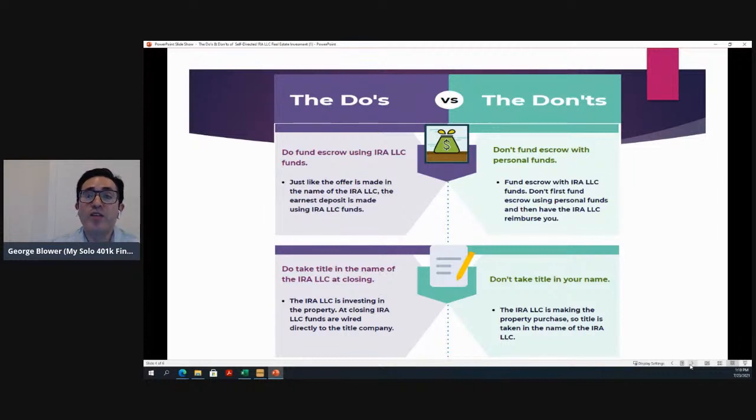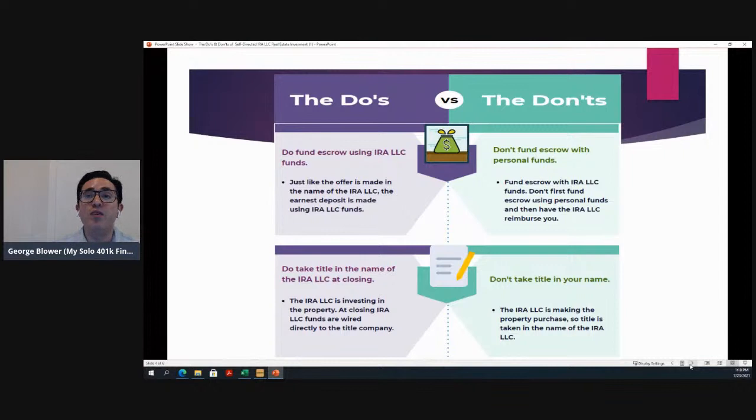That's where proper planning really comes into play, because we sometimes see a scenario where someone is really excited about the ability to invest their IRA funds in real estate, along with checkbook control under this IRA LLC structure. They may have a specific property that they think meets all their objectives and they're ready to buy it. Unfortunately, they don't have the money in the LLC account because they're just getting started with the process.